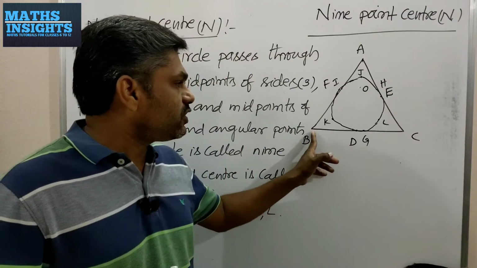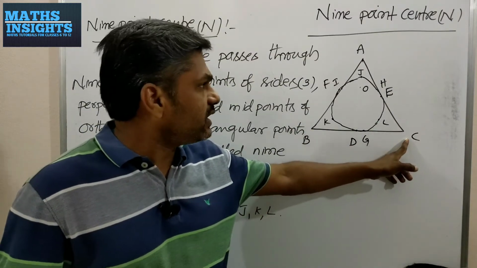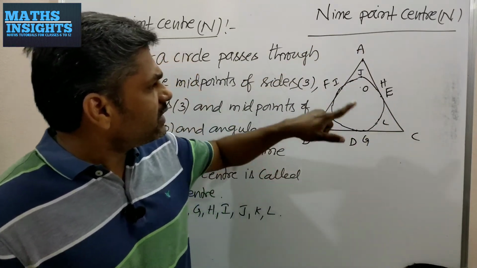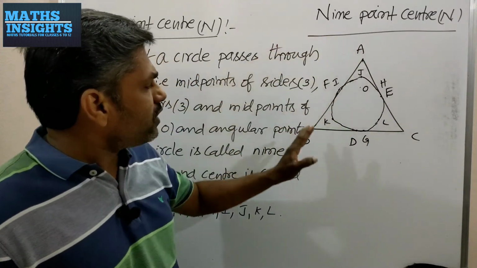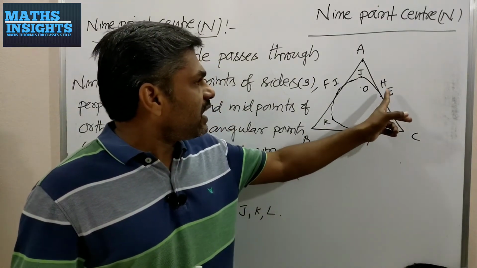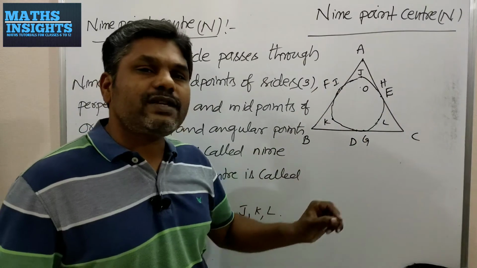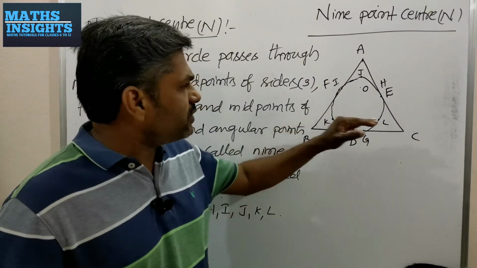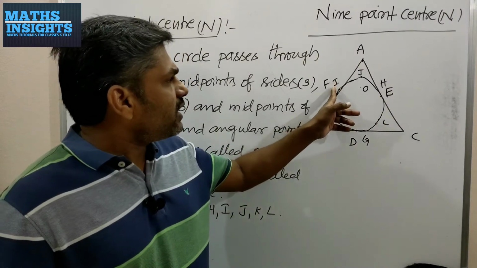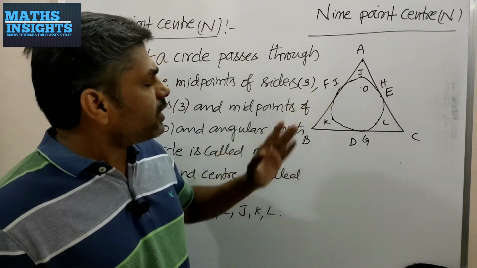D is the midpoint of side BC, E is the midpoint of side AC, and F is the midpoint of side AB. Similarly, G, H, I: G is the foot of the perpendicular to the side BC, H is the foot of the perpendicular to the side AC, and I is the foot of the perpendicular to side AB.